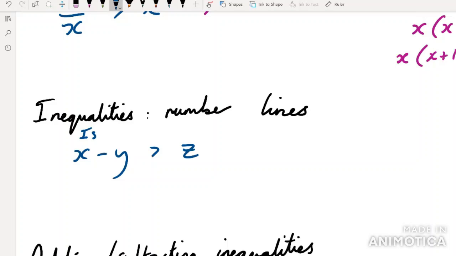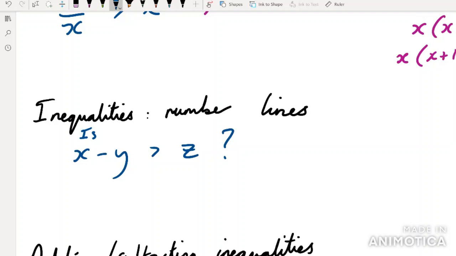Graphs aren't really going to help you, and neither is algebra particularly, because you can't really solve this or sketch it. Before, we were just sketching a function of x, whereas now we've got x, y, and z. So we're going to need a different method.